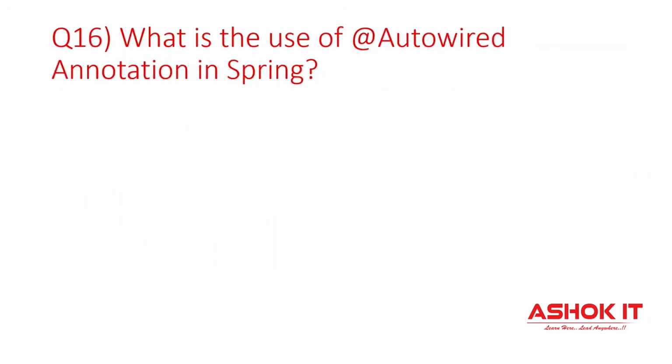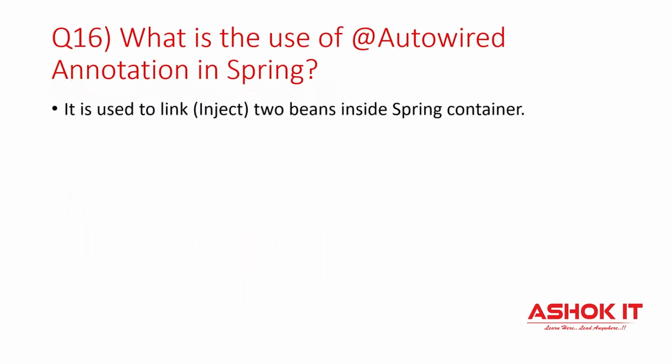Next question. What is the use of the @Autowired annotation in Spring? If you want to link two beans automatically based on type detection or inject the beans, this annotation is used mostly. If you have a service layer, repository layer, controller layer, and you want to link one layer with another layer, we can write @Autowired.